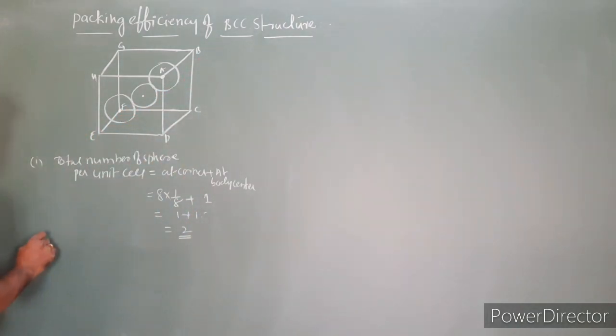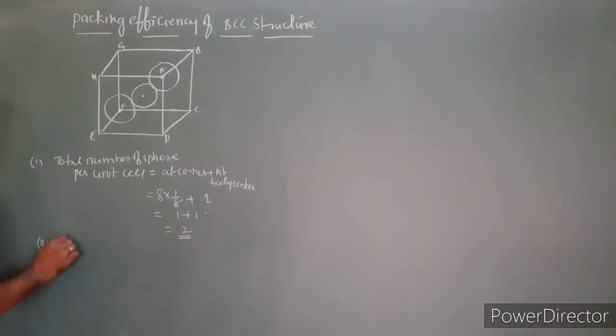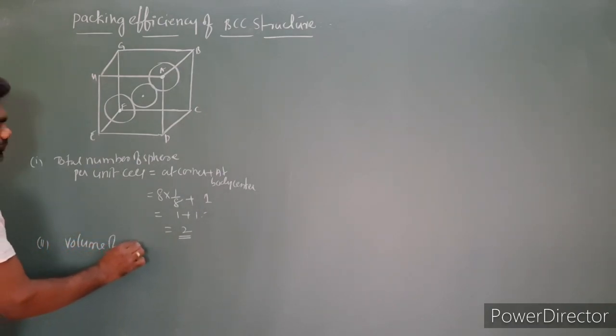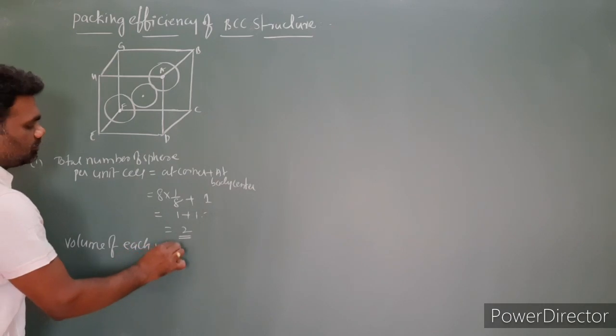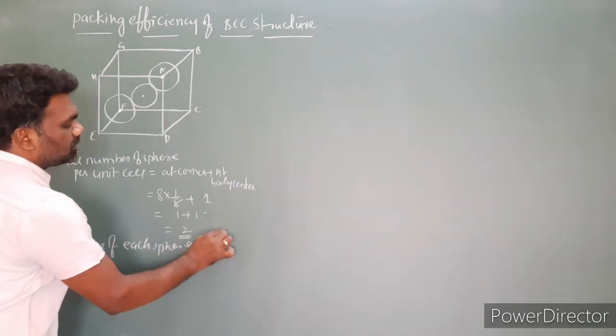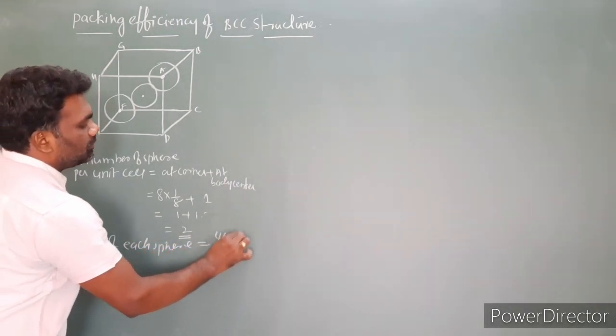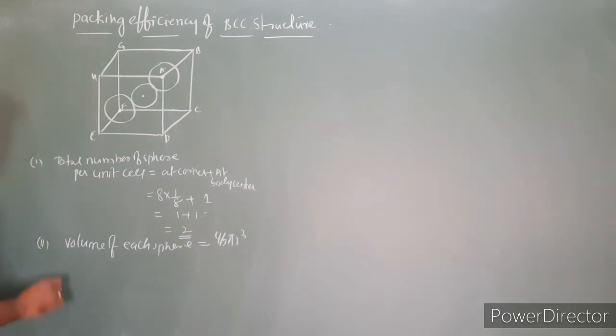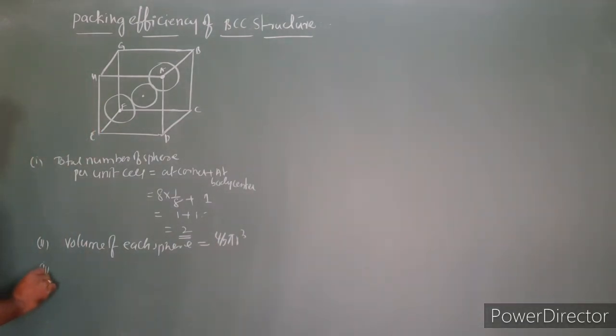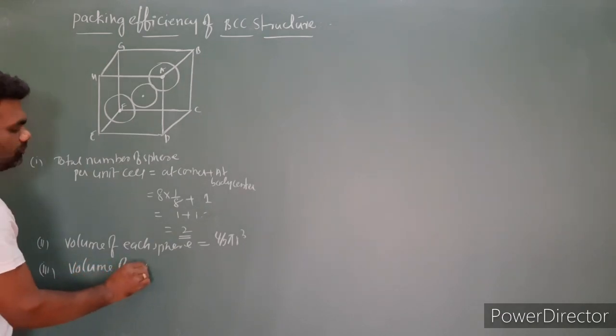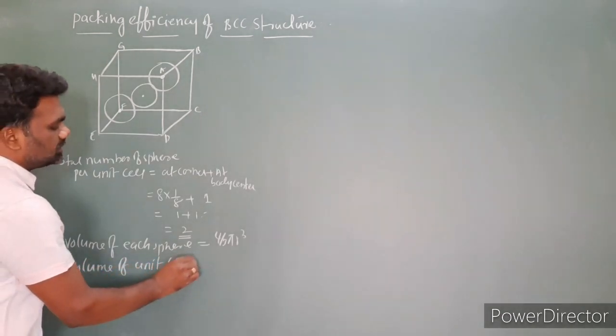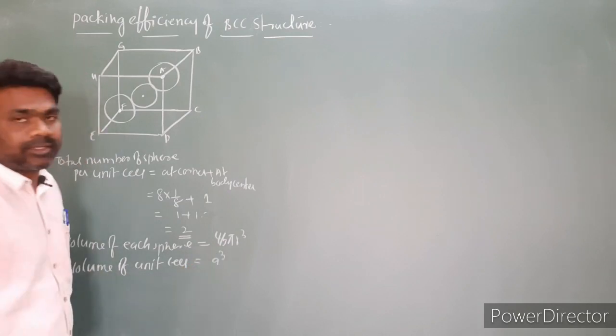And the second one is volume of each sphere. Volume of each sphere is equal to, the formula we have, 4/3 pi r cube. This point is also common. Volume of unit cell is equal to a cube.